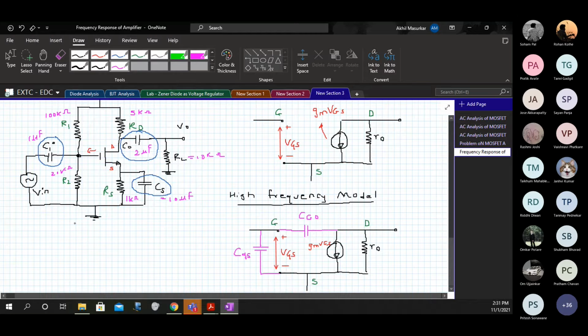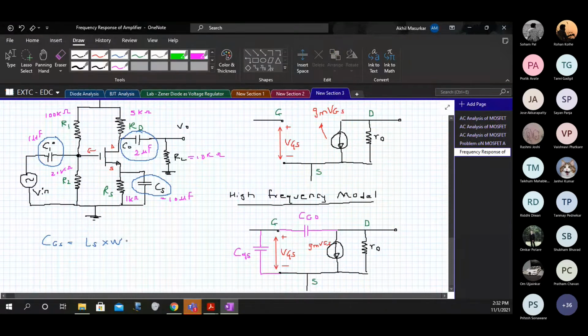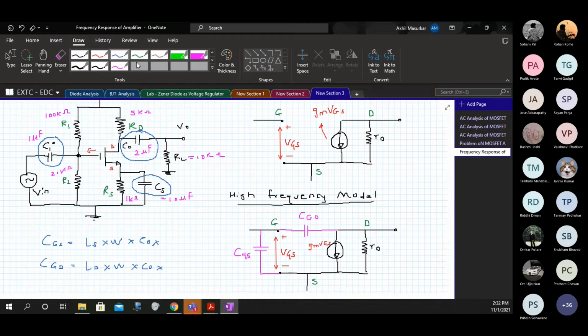Now these capacitance values can be calculated. So CGS is equal to LD into the width of the MOSFET into COX, and CGD is equal to whatever is the drain side overlap into the width of the MOSFET into COX.